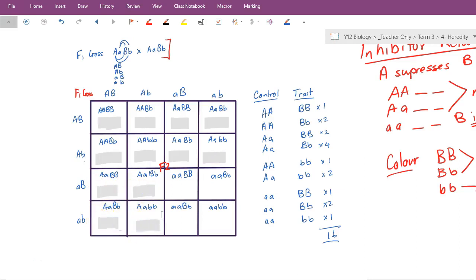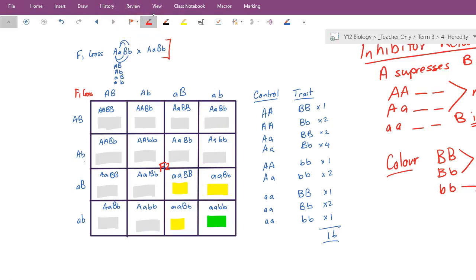The only time you're going to get color is down here where your A is recessive. Now remember, with big B, or big B, little b, the dominant color is yellow. So these guys here are going to be yellow, and this one here is going to be green. Notice we have a new ratio that has just come up.